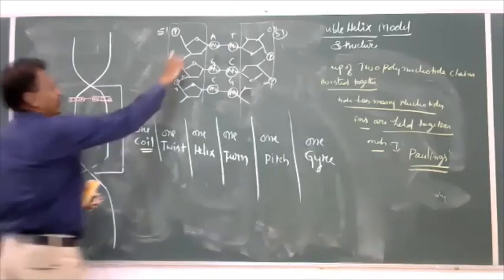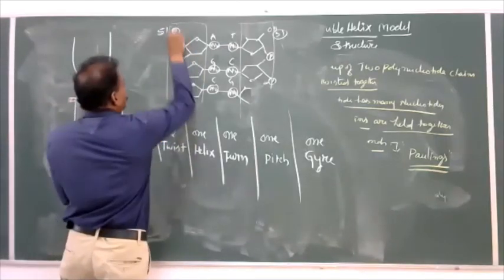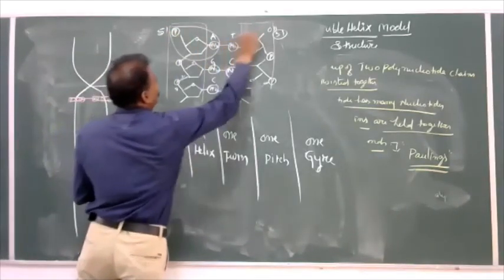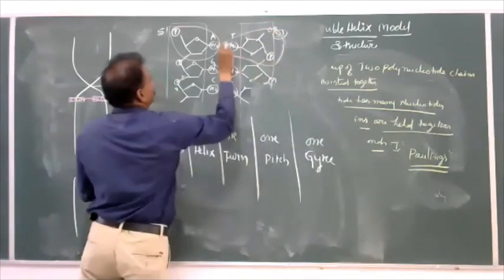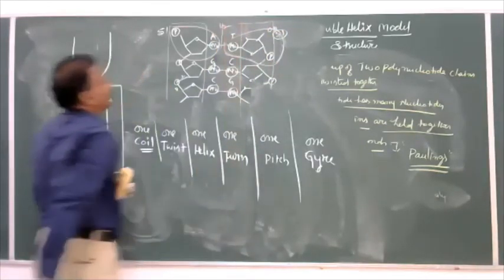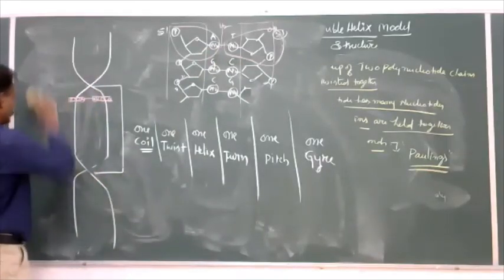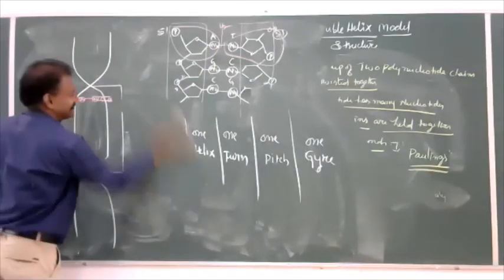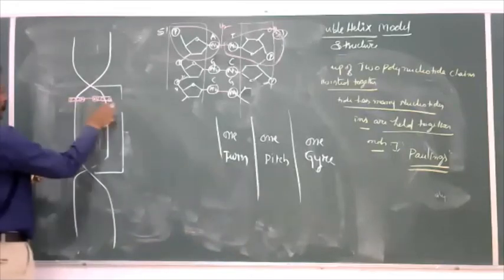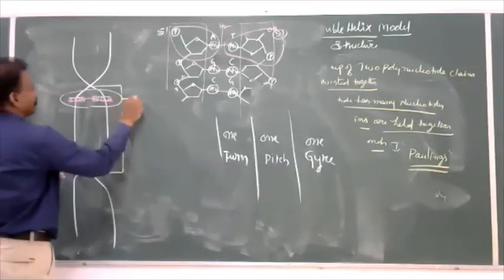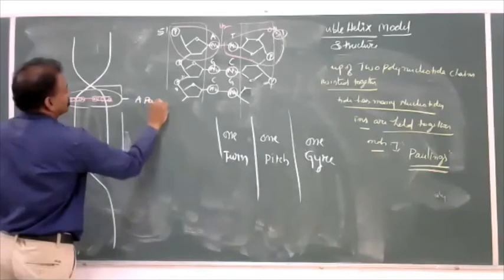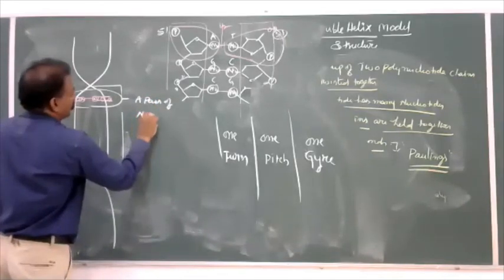Again, between one nucleotide and another nucleotide, a bond is made, hydrogen bond. These two are called a pair of nucleotides.